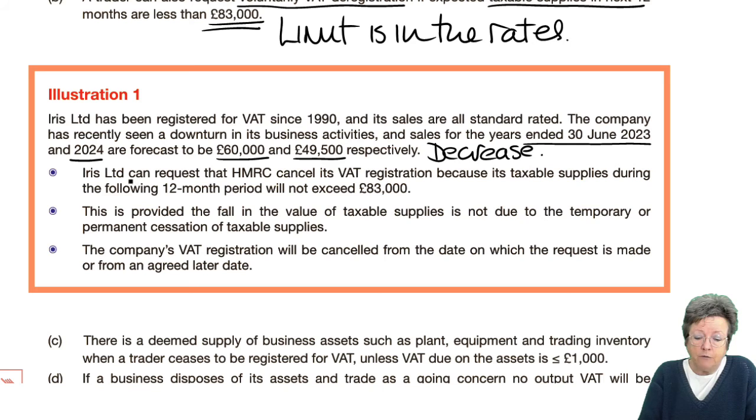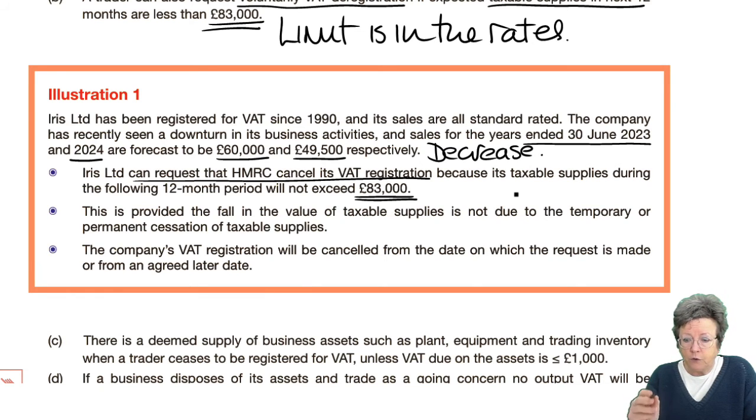So they can request the revenue cancel VAT registration because they're not going to exceed that, as long as, watch this, not temporary. Okay, if it's not temporary, it will be cancelled from the date on which the request is made.